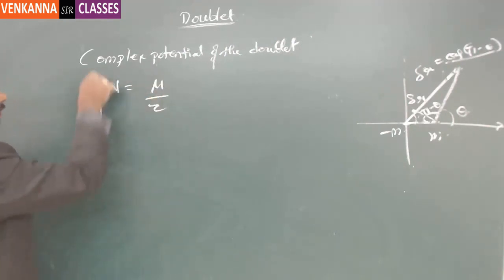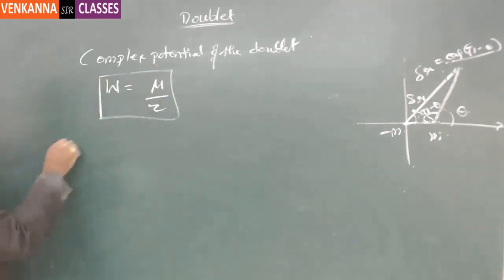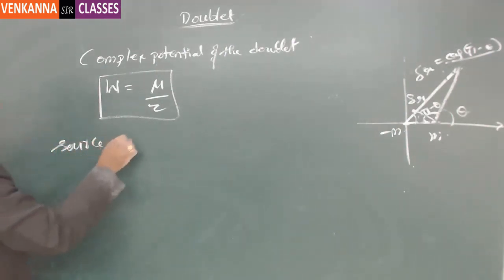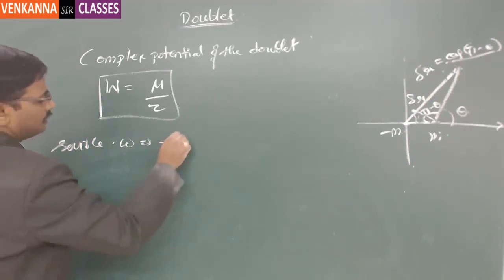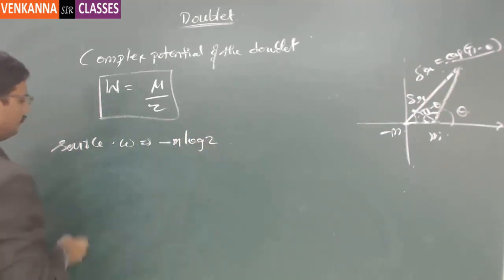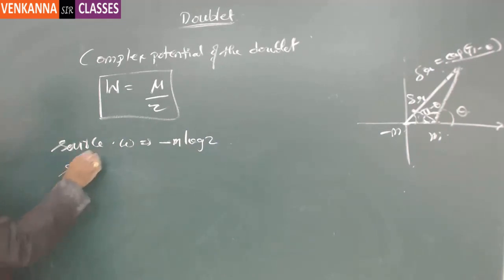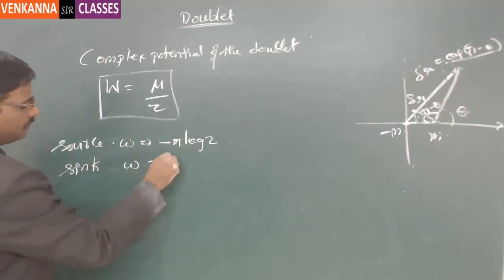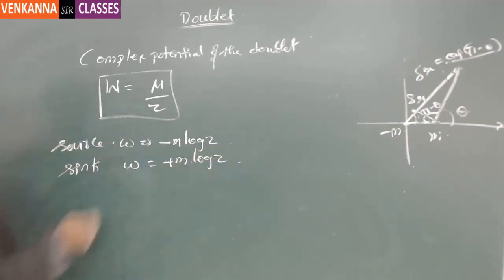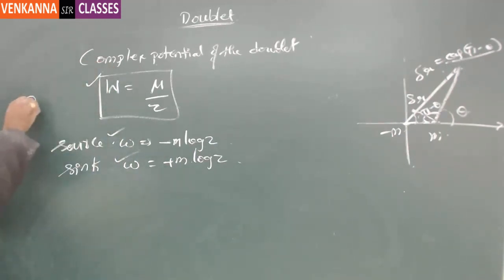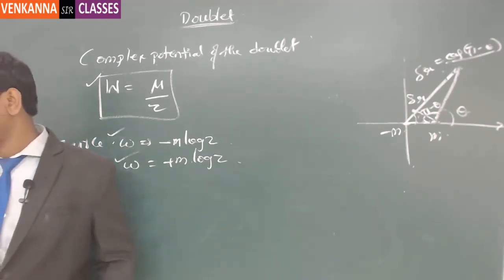So this is one of the important relations. For a source, W is equal to minus m log z. For a sink, W is equal to plus m log z. So this is the complex potential of a source, this is the complex potential of a sink, and this is the complex potential of the doublet. These are the important things that you have to remember.